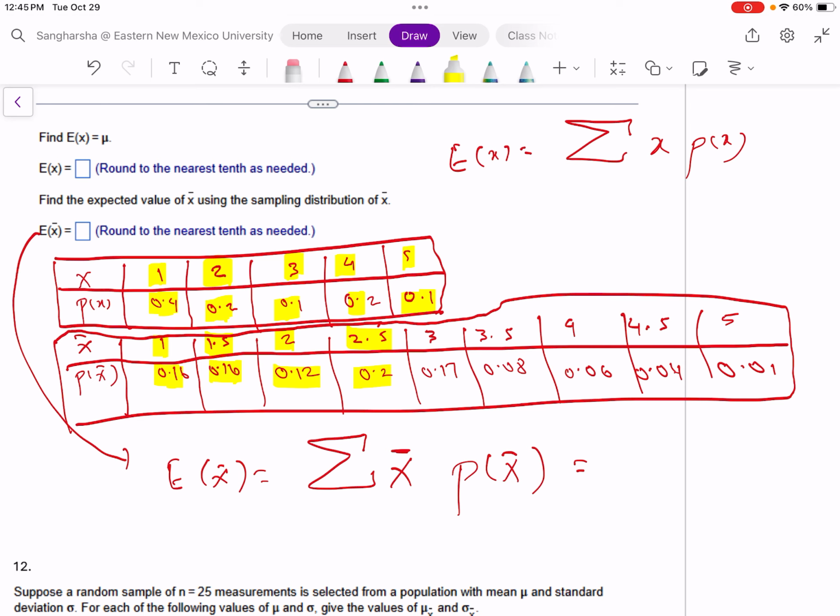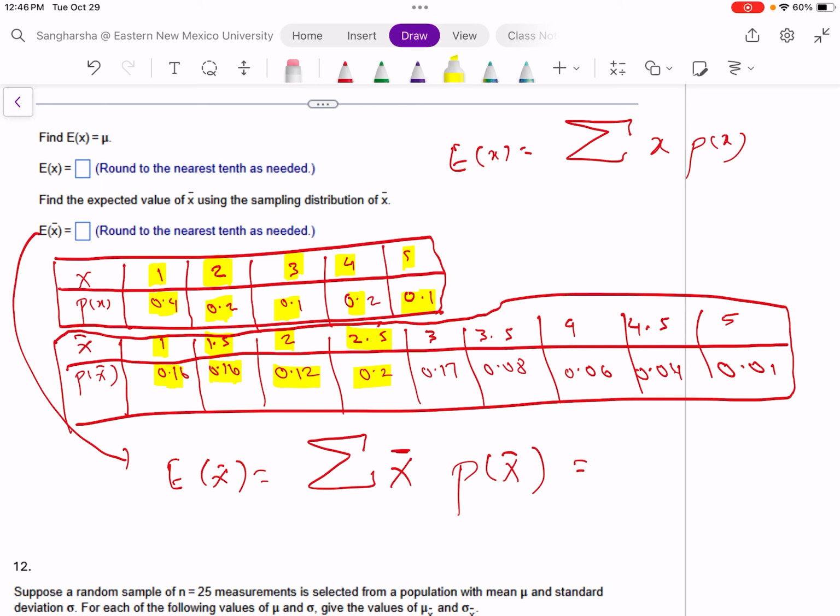Now, here's the question. If you are asked whether x bar is a good estimator or not, or whether your x bar is biased or unbiased, how do you know that? So you have x bar.